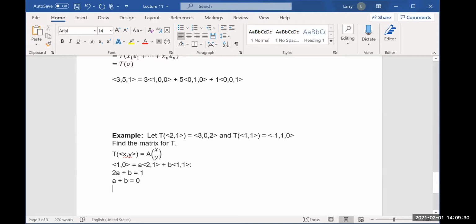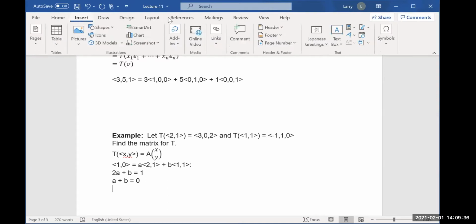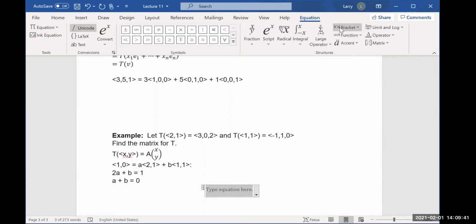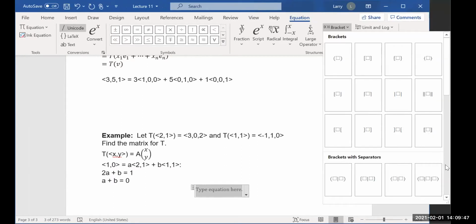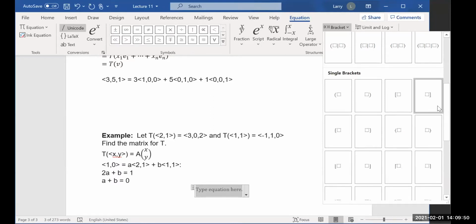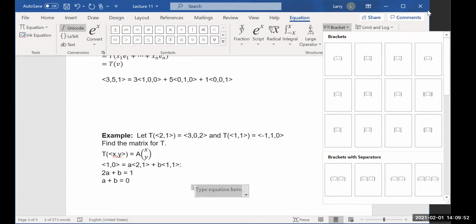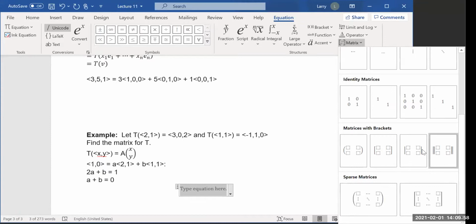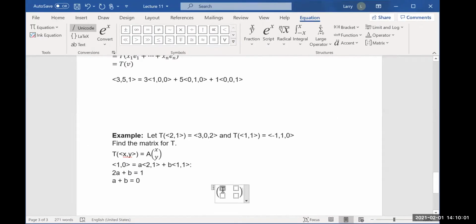And now I get a matrix. So our matrix equation, this matrix is (2, 1; 1, 1). In fact, maybe I'll do it augmented. There are different ways of doing it. Let's see.